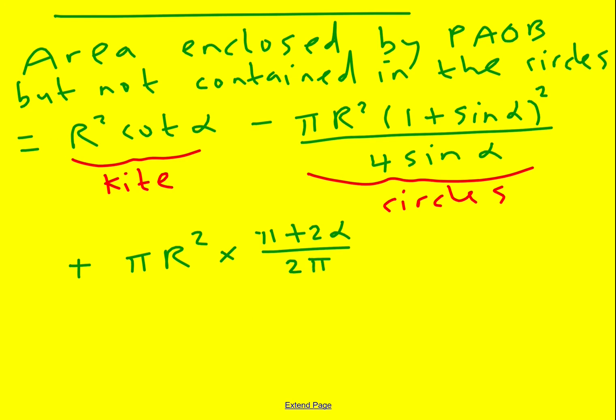Now we need to try and simplify this. So first thing I can do is factorize out r squared. And here I've taken out the r squared. I'm going to have pi over 4. And there's no hint of squaring anything in the answer, so I'm going to need to expand this out.